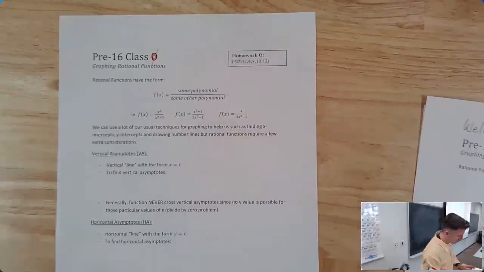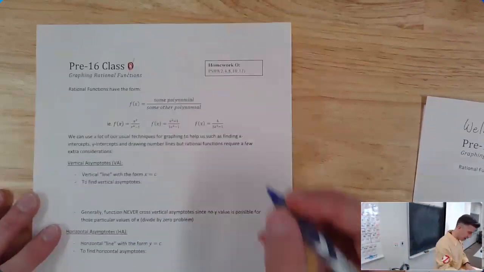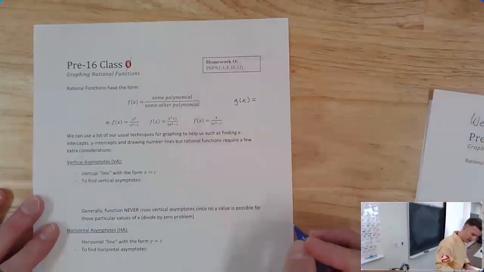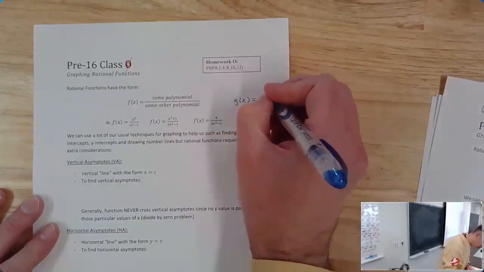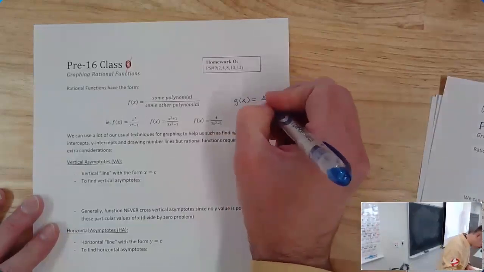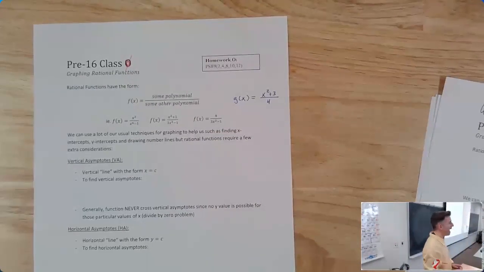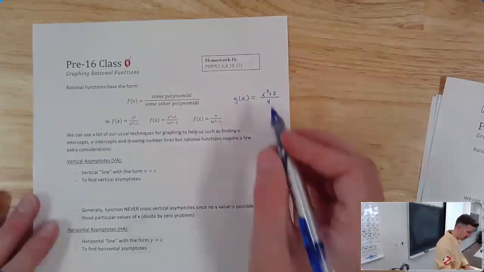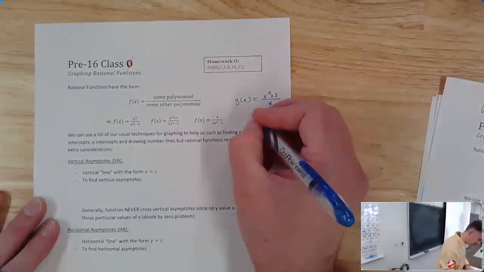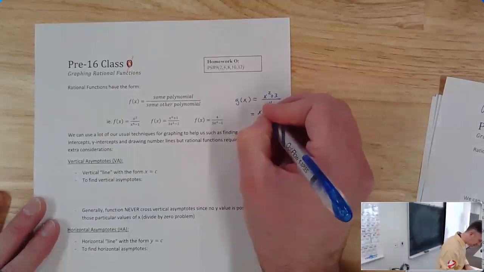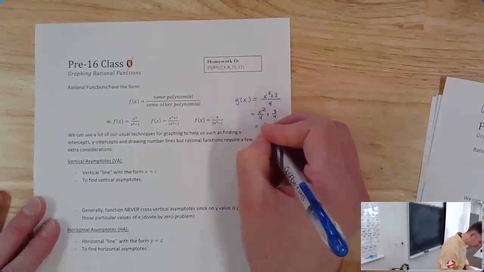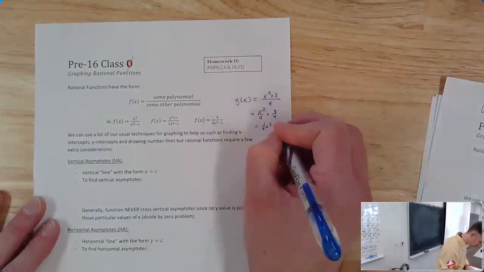One other example that I want to write on here that you wouldn't normally write: g of x equal to x squared plus 3 divided by 4. But I wouldn't actually call that a rational function, because you could really just write it as a polynomial. You could say I have each thing divided by 4, so that's equal to x squared over 4 plus 3/4, or really just 1/4 x squared plus 3/4.